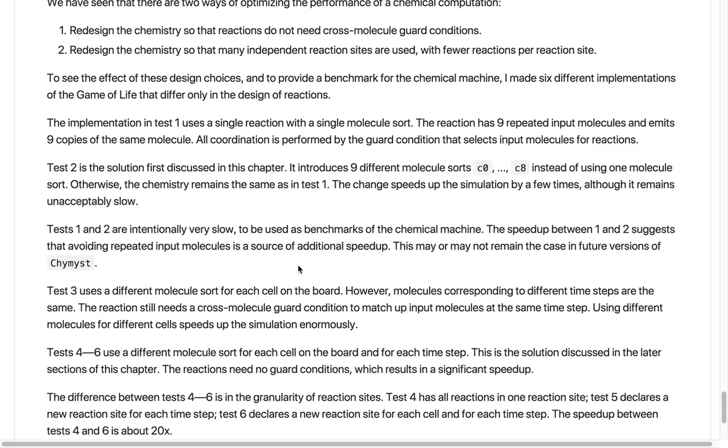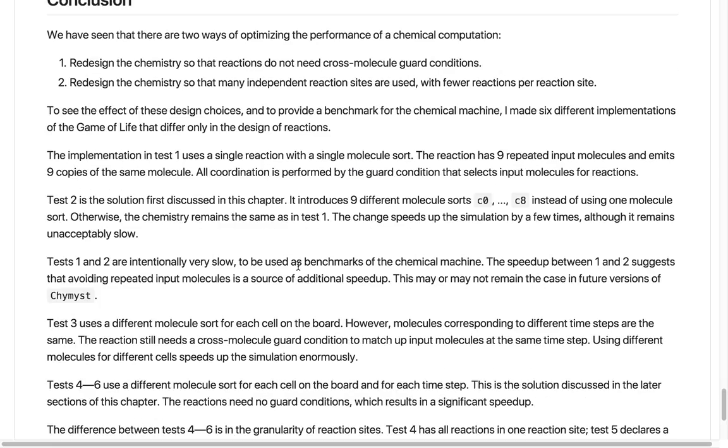So in conclusion, we have learned two things in this tutorial. First, a chemical machine, as implemented by the Chymyst library, allows you to define molecules and reactions using the full power of the Scala language. You can use functions, you can parameterize molecules and reactions in arbitrary ways. You can use cross-molecule guards if you need to.